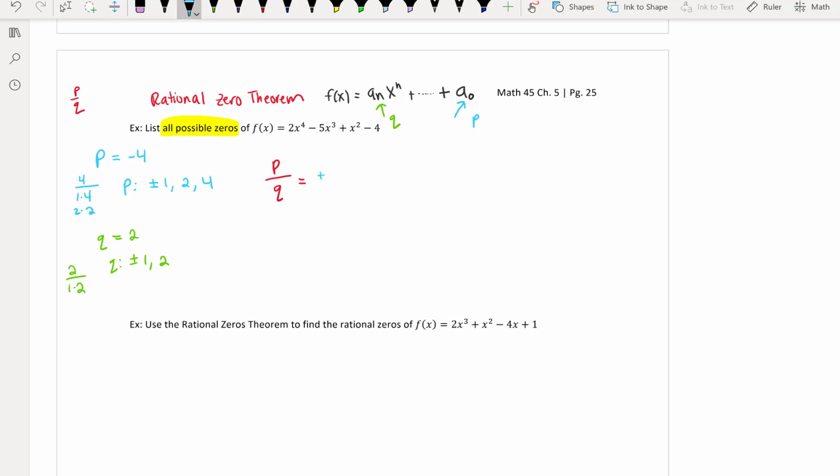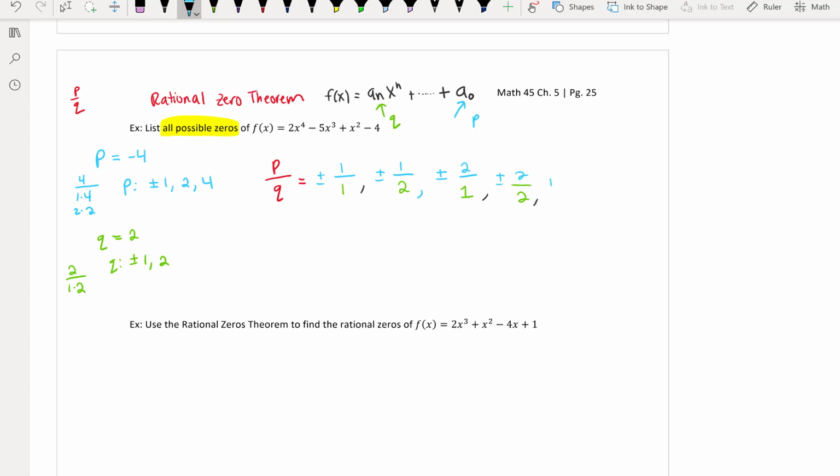So we have plus or minus 1 over my q value of 1. Now I have plus or minus 1 over plus or minus 2. I also have plus or minus 2 over 1. And I also have plus or minus 2 over 2.